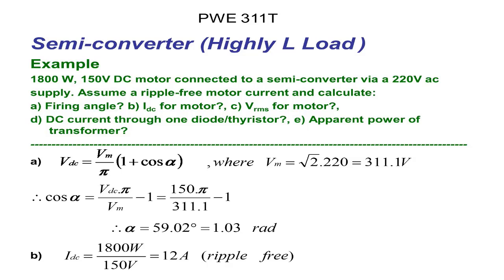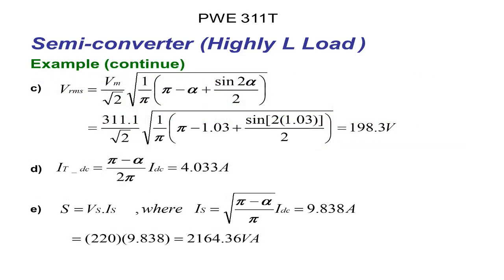Now, for you to calculate the VRMS of the motor, we still use the normal equation. VRMS is Vm over root 2 by the square root of 1 over pi into pi minus alpha plus sine 2 alpha over 2. Now the question is, how did we get 1.03 for the alpha?